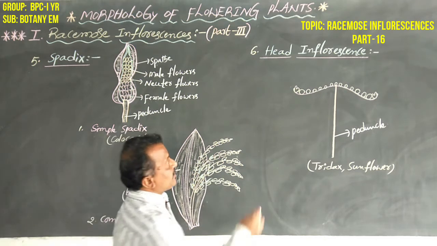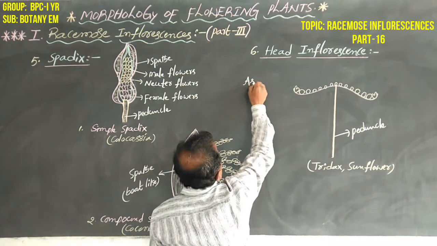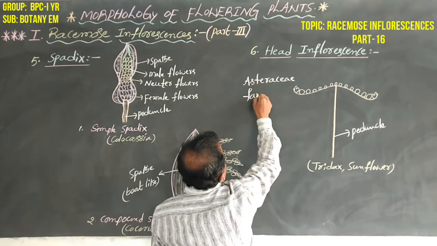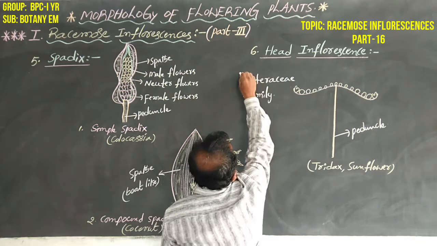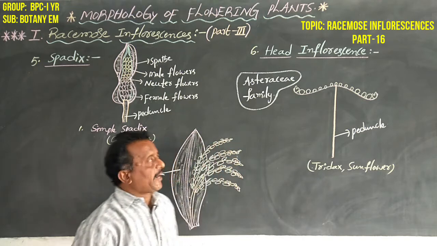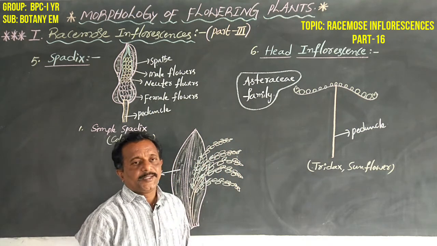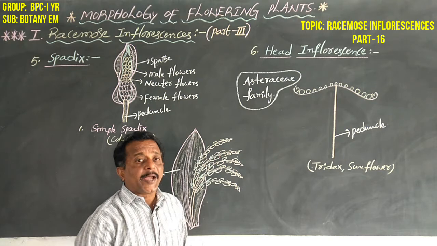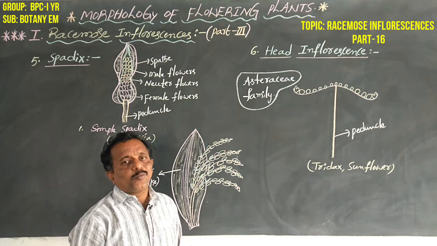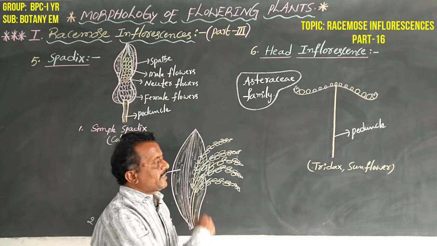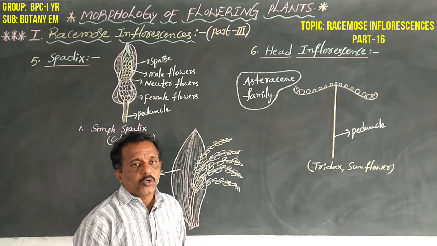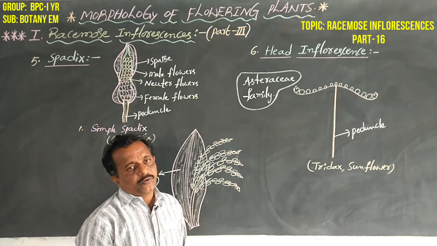Next, the last one, the sixth, head inflorescence. Head inflorescences are seen especially in members of the Asteraceae family, such as Tridax and sunflower. Head or capitulum inflorescence is seen in Asteraceae or composite family members such as Tridax and sunflower, as well as marigold and Vernonia.